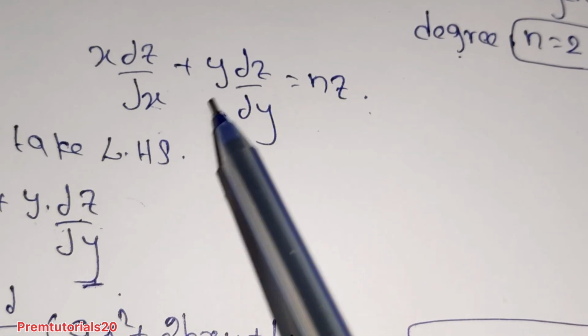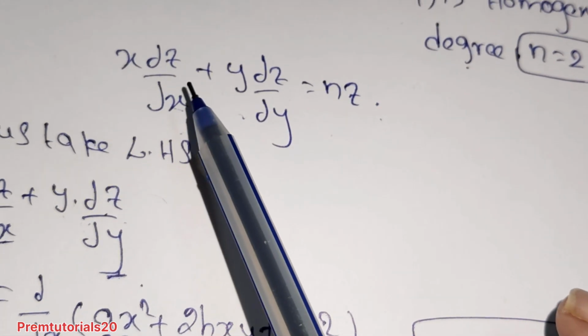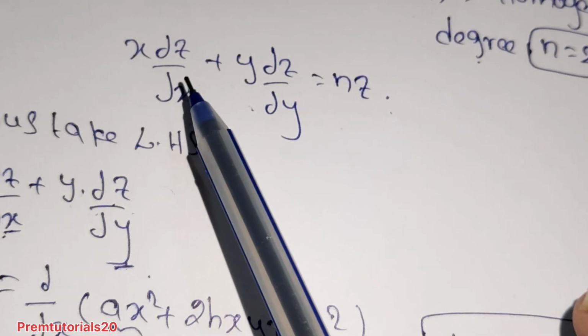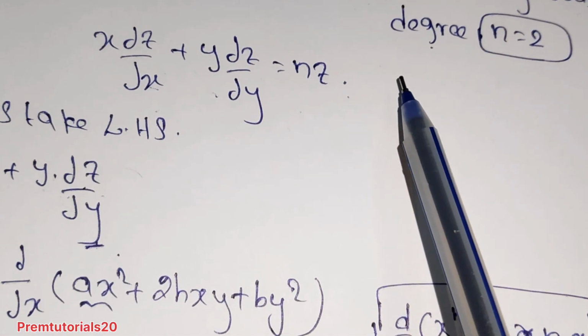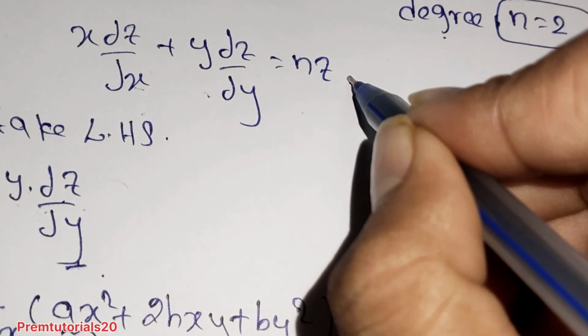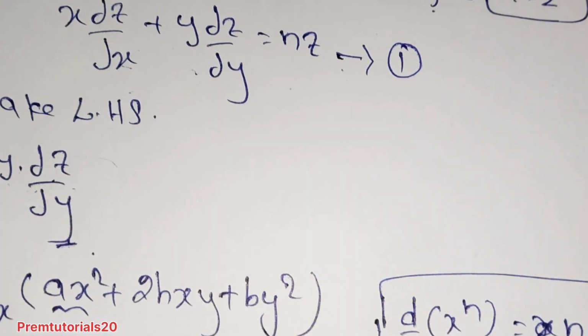Now it's time to take the LHS and substitute the values, that means the dou z by dou x and dou z by dou y values, in this equation. Let it be equation number 1.